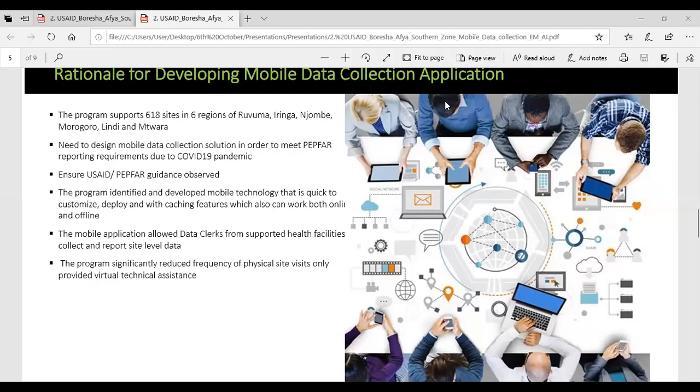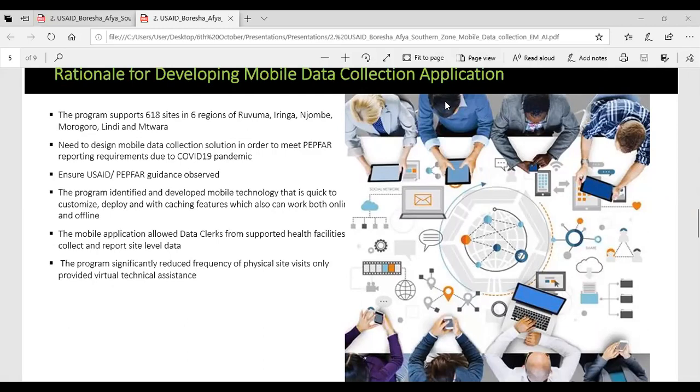And also the program identified and developed a mobile solution, which is quick to customize and deploy. The solution which we intend to use has a caching mechanism, which can operate both online and offline.